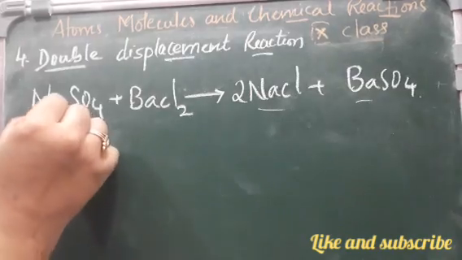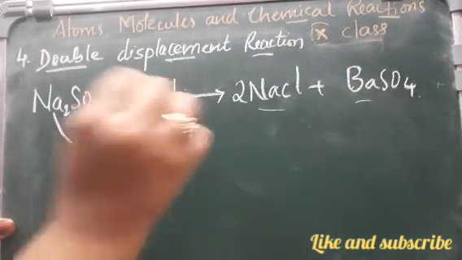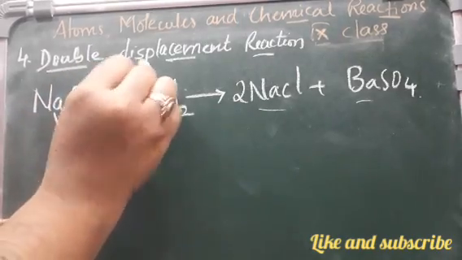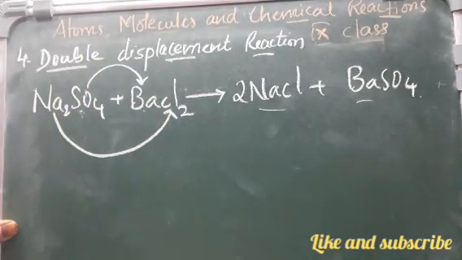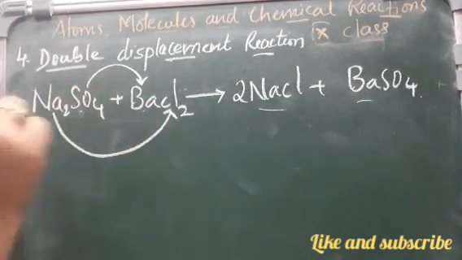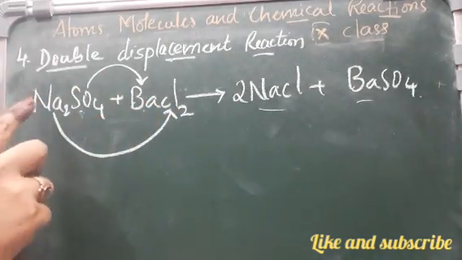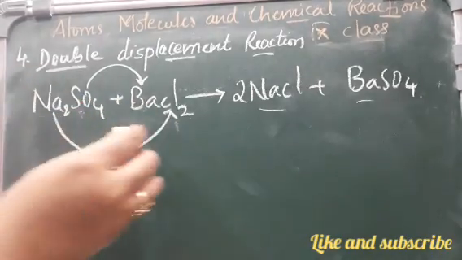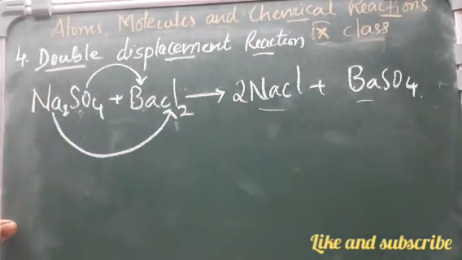They react with each other and get displaced, forming BaSO4. That means two displacements are taking place: Na and Cl, and SO4 and Ba. So these are the two displacements taking place, hence it is called double displacement reaction.